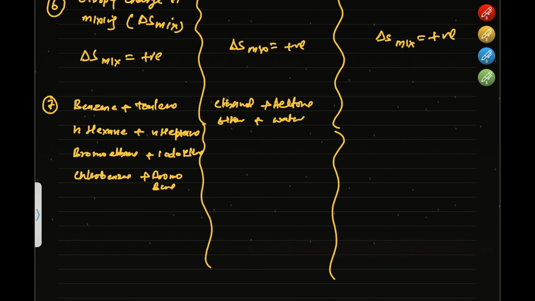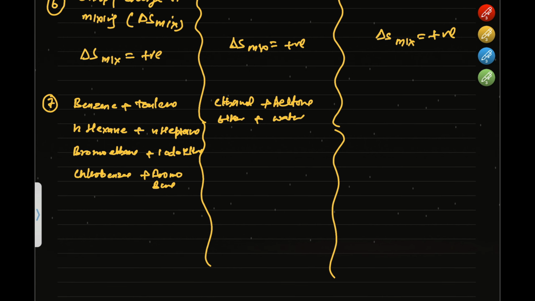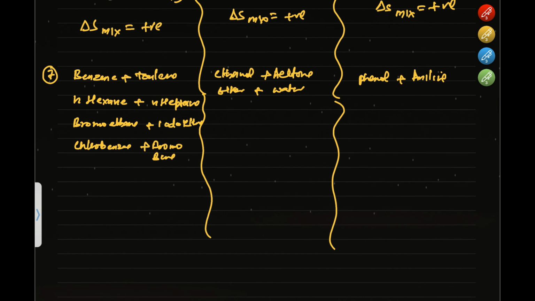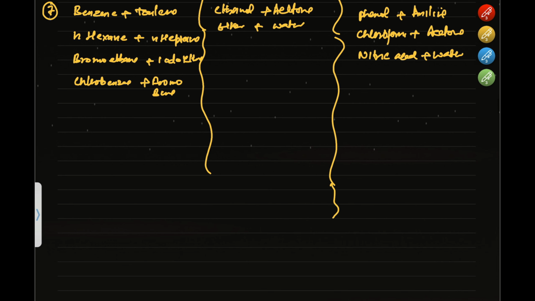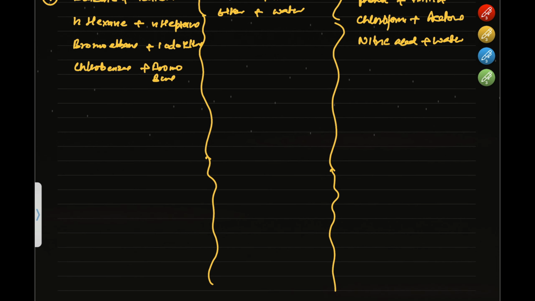For negative deviation, you have to learn phenol plus aniline, chloroform plus acetone, and the last one is nitric acid plus water. These are all examples taken from NCERT books, asked various times in your exam.